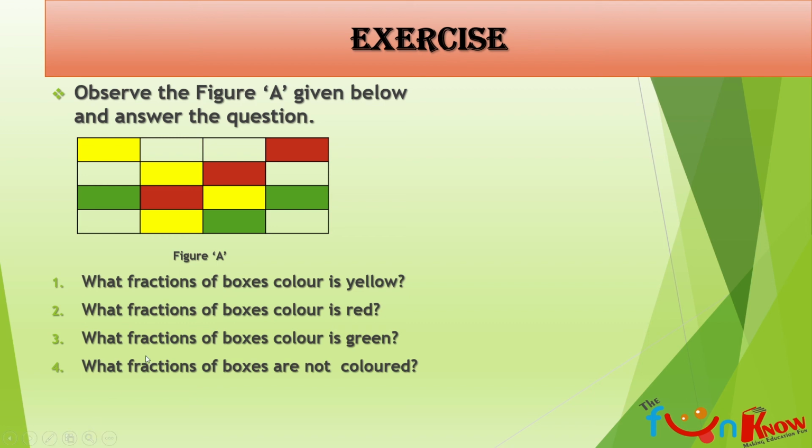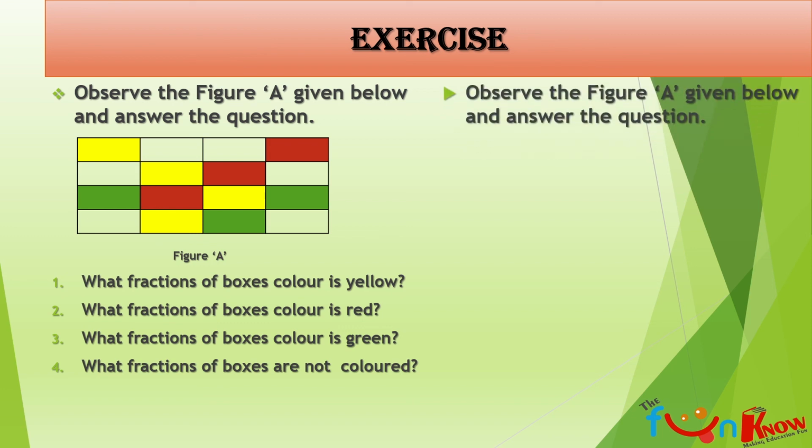Now the last one here is what fraction of boxes are not colored. 1, 2, 3, 4, 5 and 6. 6 boxes are not colored, so the fraction will be 6 by 16. Yes, so 6 by 16 will be our fraction over here. So this is how you can find out the fraction, students, of the given figure.